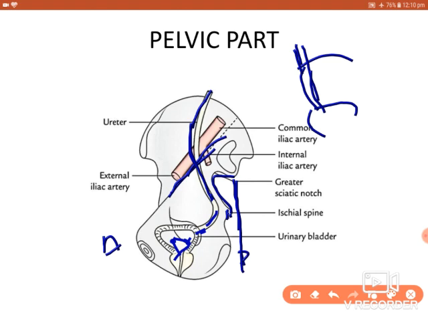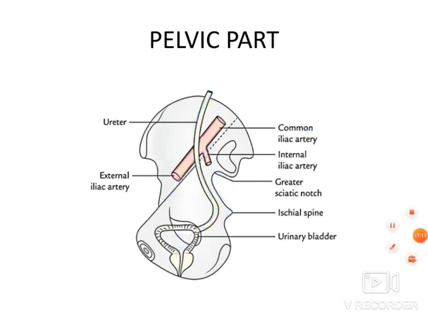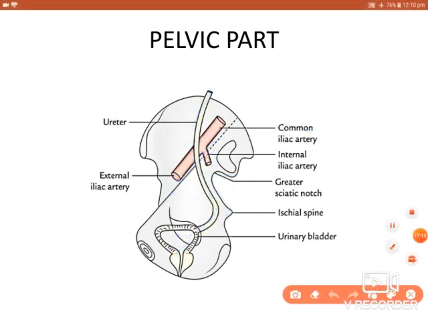Where it crosses the pelvic brim, you can see here the common iliac dividing into external iliac and internal iliac artery. From the pelvic brim to the ischial spine forms the vertical part of the ureter.